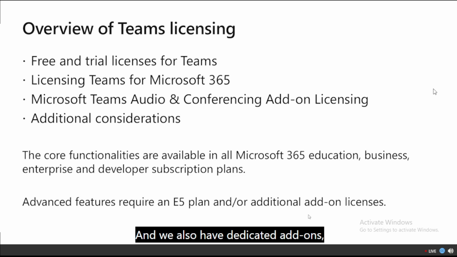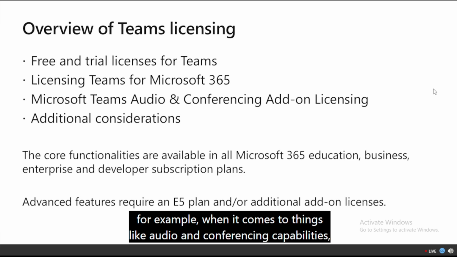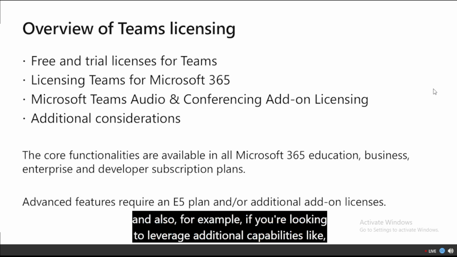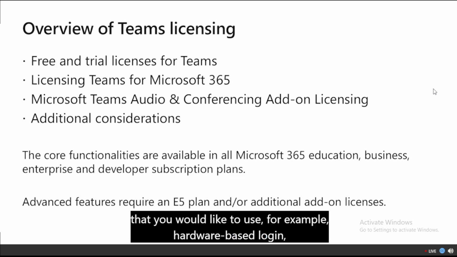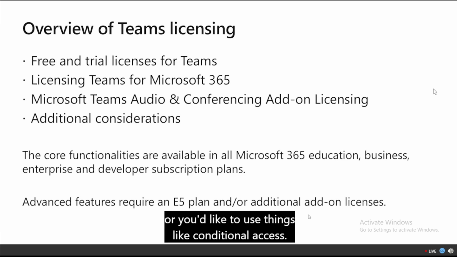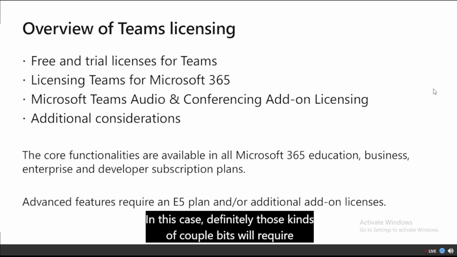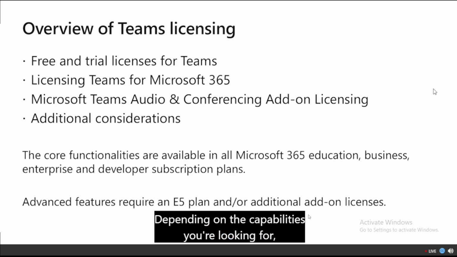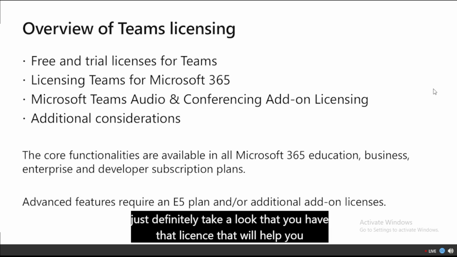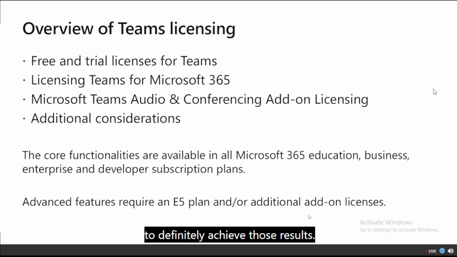And we also have dedicated add-ons, for example, when it comes to things like audio and conferencing capabilities. Also, if you're looking to leverage additional capabilities like multi-factor authentication, for example using a hardware-based token, or things like conditional access, those kinds of capabilities will require an Enterprise Mobility + Security E5 license or something like that. So depending on the capabilities you're looking for, take a look that you have the license that will help you achieve those results.